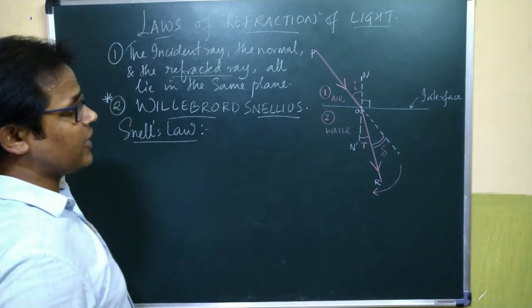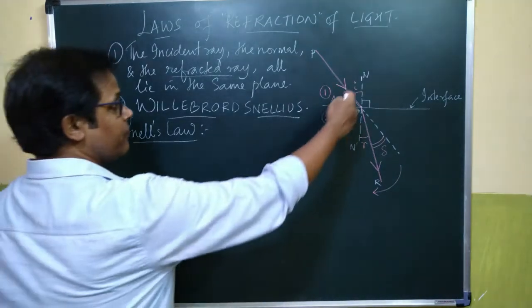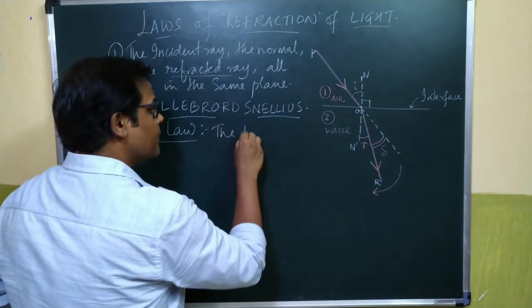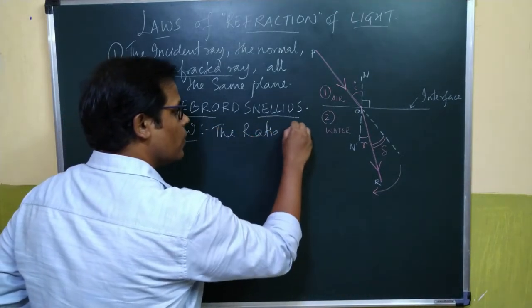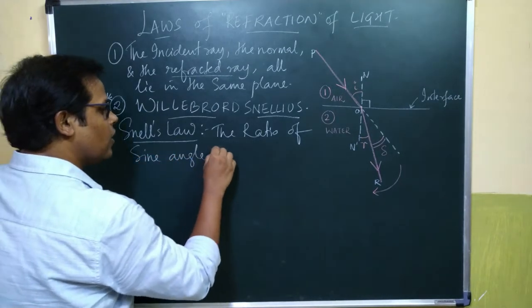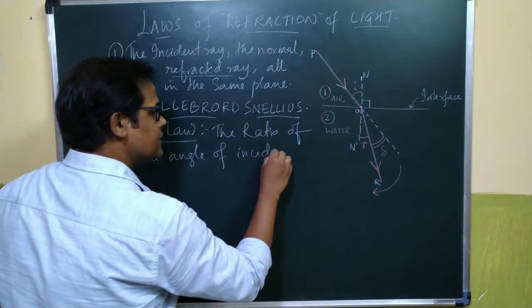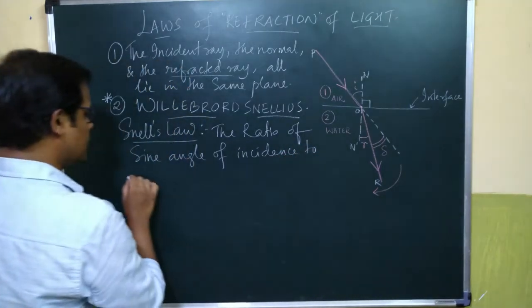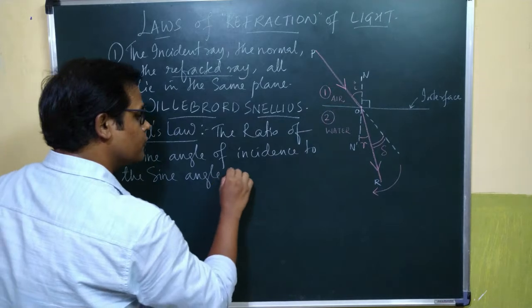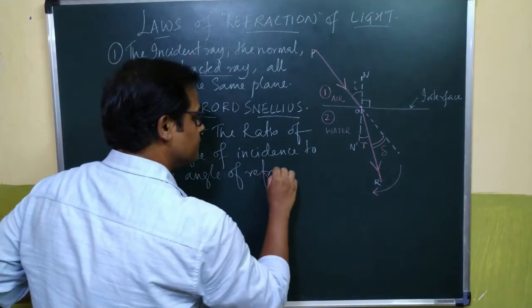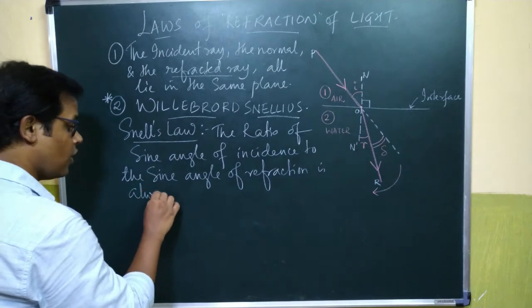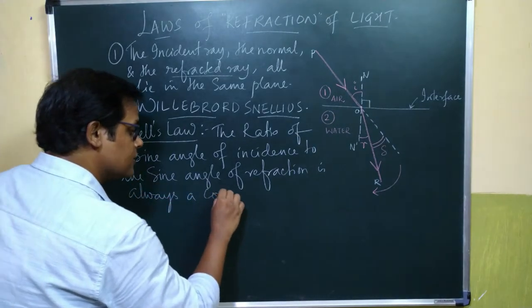Snell's Law of Refraction states that, now it's related with the angles concept, the ratio of sine angle of incidence to the sine angle of refraction is always a constant.